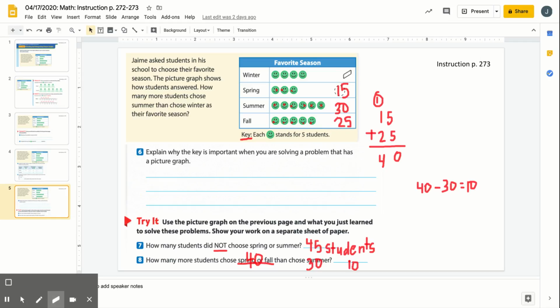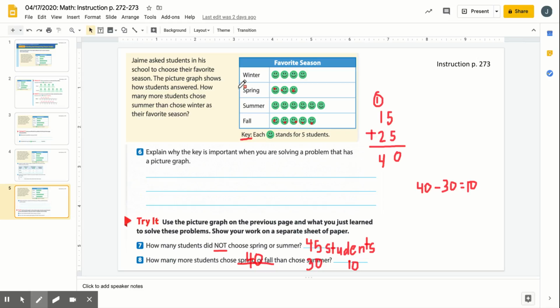So again, the other way that you could have done this is you know that we have to look at spring or fall, so we're going to have to put them together. You could have counted all the smileys for spring or fall by 5: 5, 10, 15, 20, 25, 30, 35, 40.